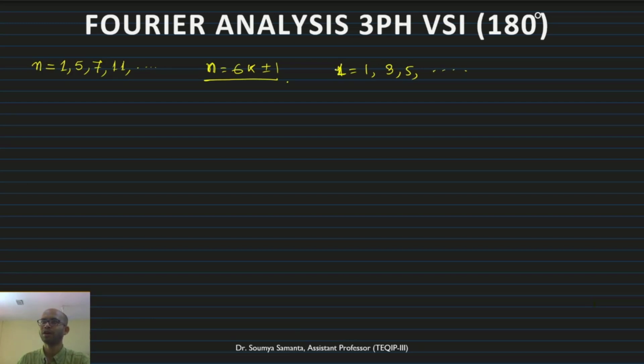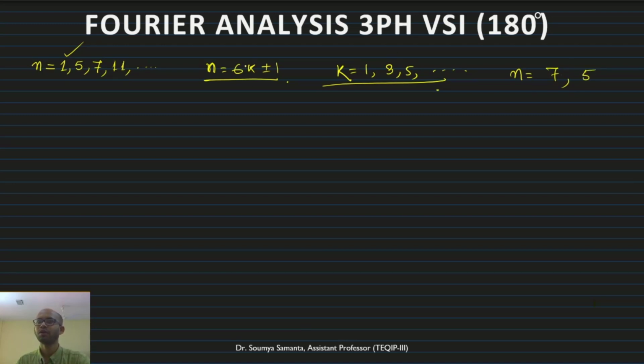Now put k equals to 1: n will be 6 plus 1, that is 7, and 6 minus 1, that is 5.